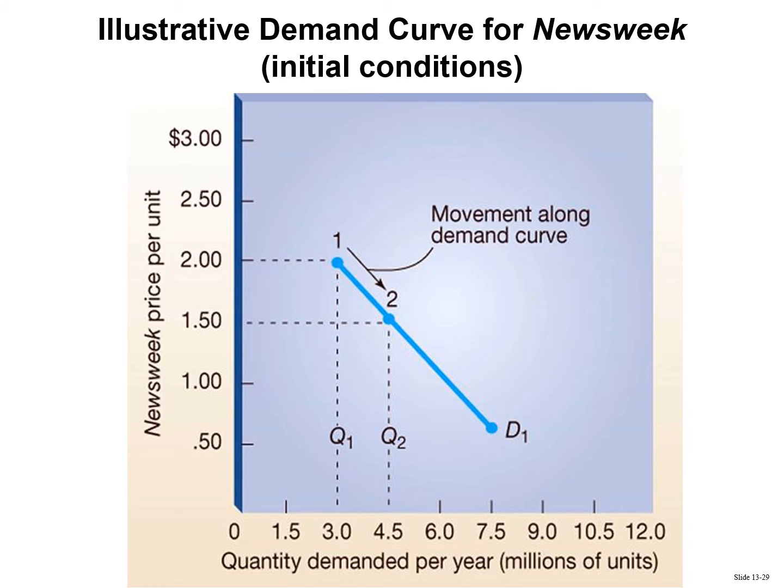So it has moved from point 1 to point 2. So quantity has changed from Q1 to Q2 by decreasing the price from $2 to $1.5. And it goes along the curve. You can see that there's always a movement along that demand curve.